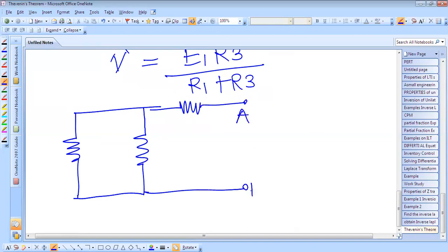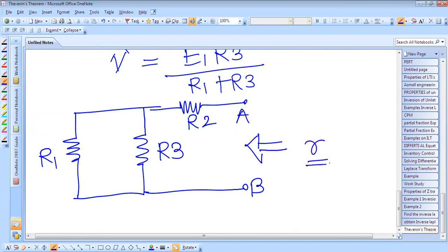This is terminal A and B. So this is your R1, and this is R2, and this is R3. Now we have to calculate the resistance R, viewed from the terminals A and B. This is the resistance of the network measured from the terminals A and B.